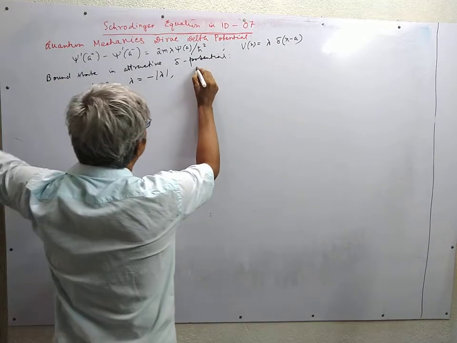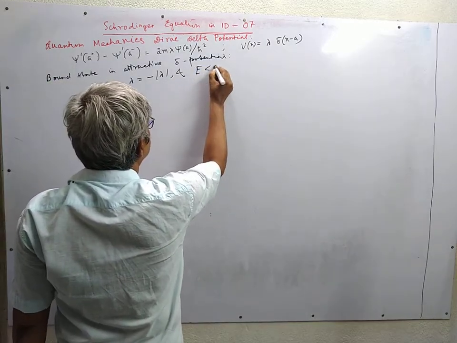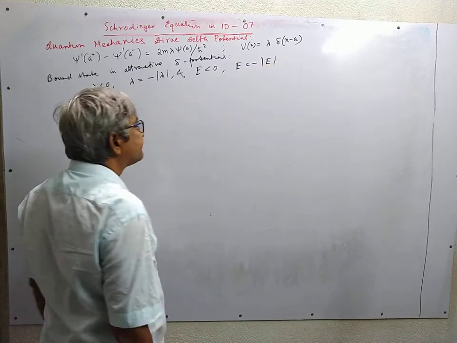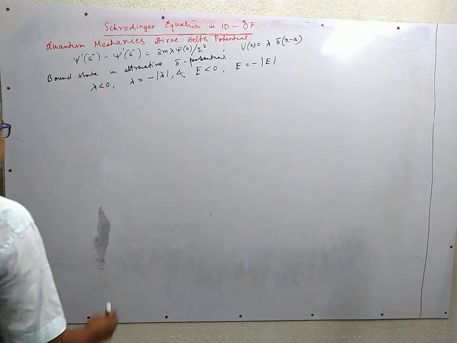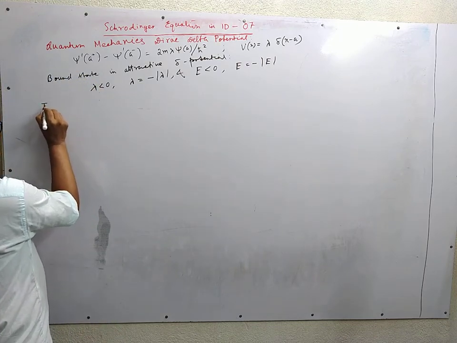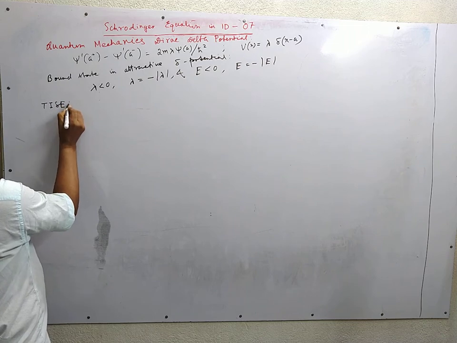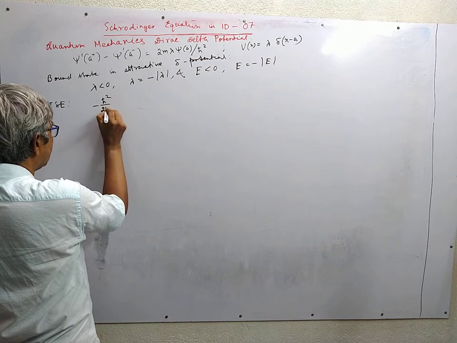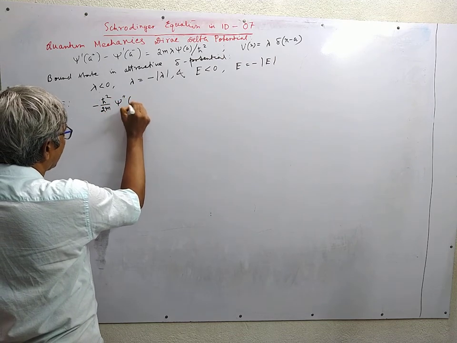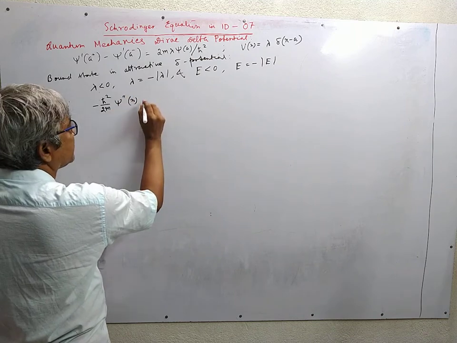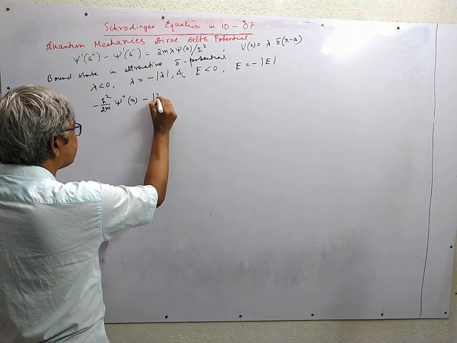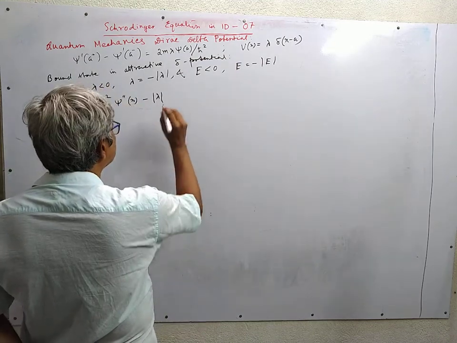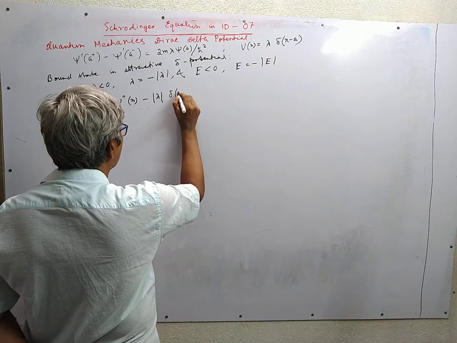Bound state means E is negative, so we write E is equal to minus epsilon E. So the time independent Schrodinger equation in such case is minus h line square by twice m phi double derivative minus... we assume the delta function to lie at x is equal to 0.